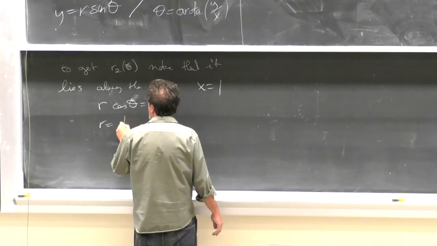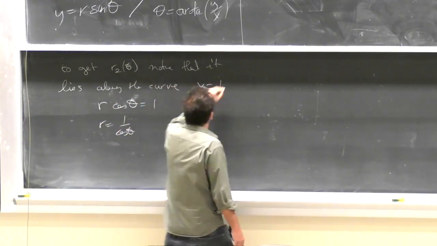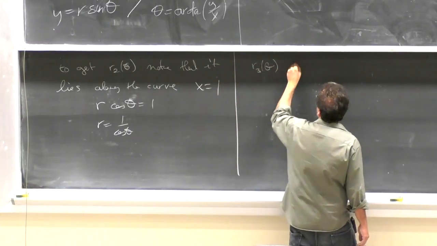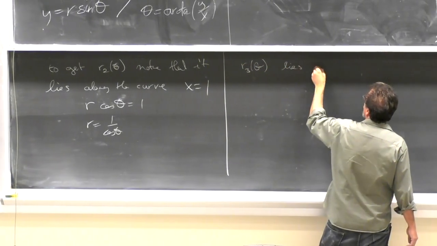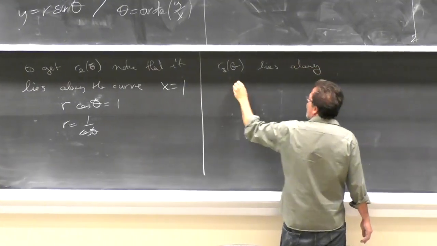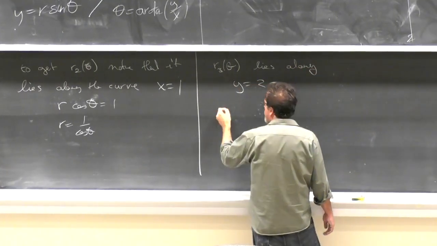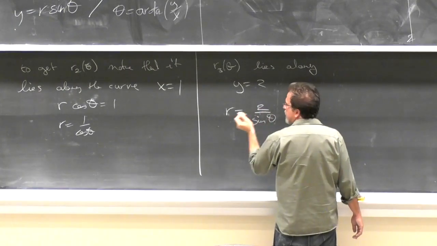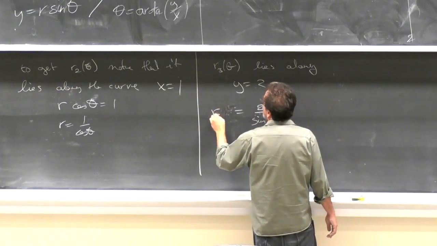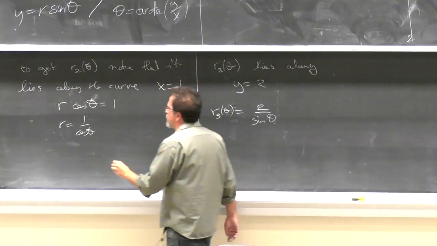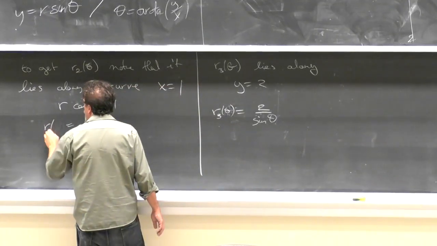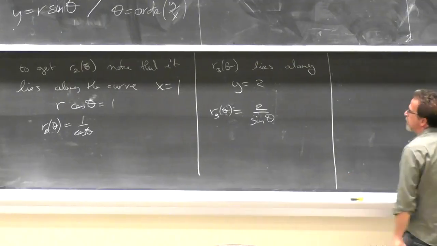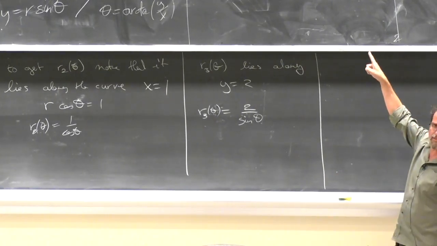So r equals 1 over the cosine of theta. R3 of theta lies, now I'm going faster, along y equals 2. And that means r equals 2 over the sine of theta. This is r3 of theta, and this is r2 of theta. So now I have those two parts of the expression.